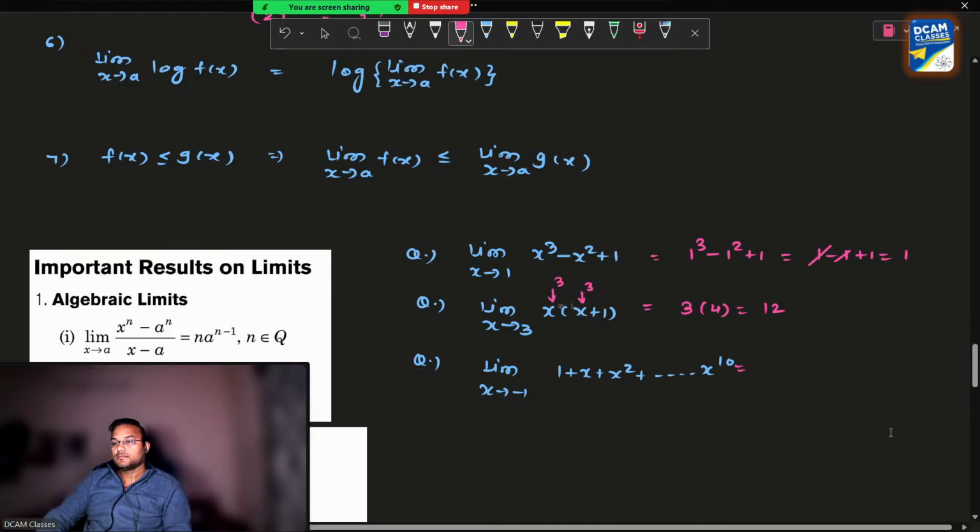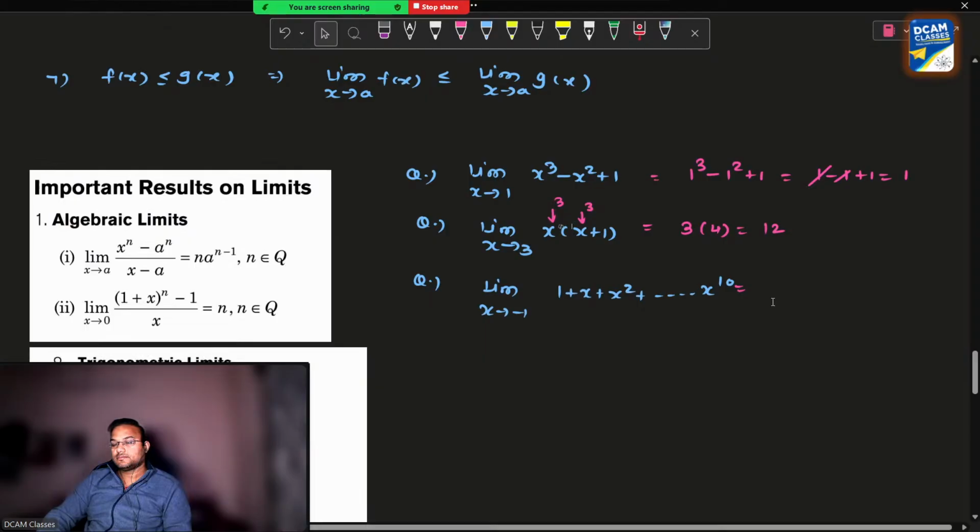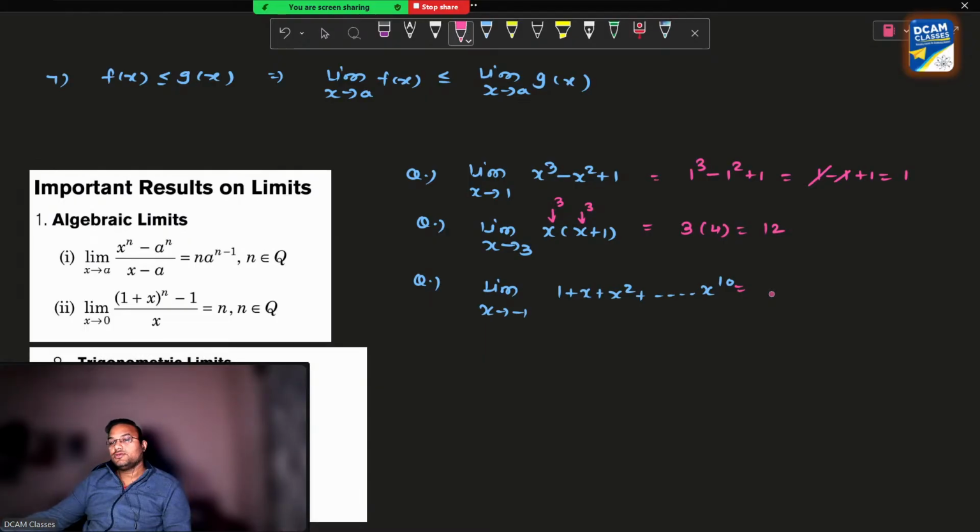So 3 into 4. You can also multiply it as x square plus x. There you put the value 3. 3 square plus 3, 9 plus 3, 12. Okay.